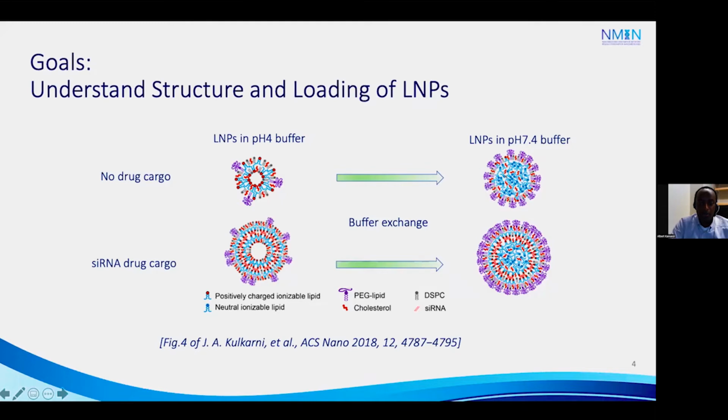Hence, these nanoparticles are expected to form different structures depending on the buffer they are in, as well as whether they are loaded versus when they are not loaded. Hence, we are interested in understanding these structures at the single particle level.